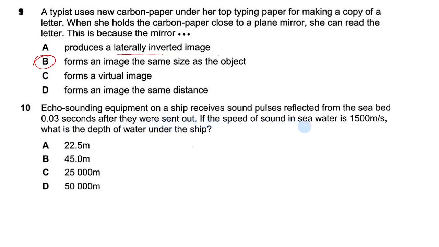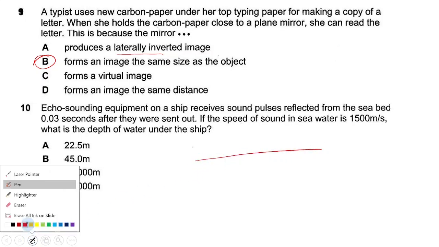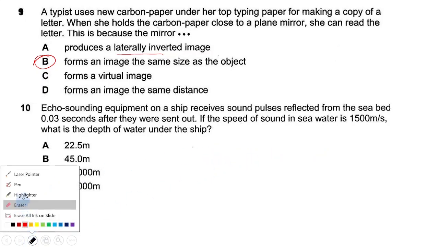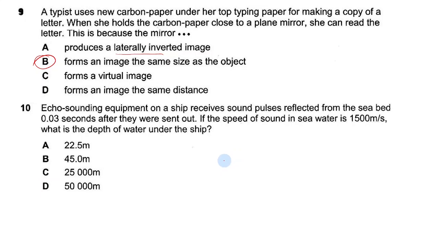If the speed of sound in seawater is 1,500 meters per second, what is the depth of water under the ship? Okay, here we need to create a situation, because sometimes with formulas, I don't memorize formulas, but I can create a situation that can help me to remember.